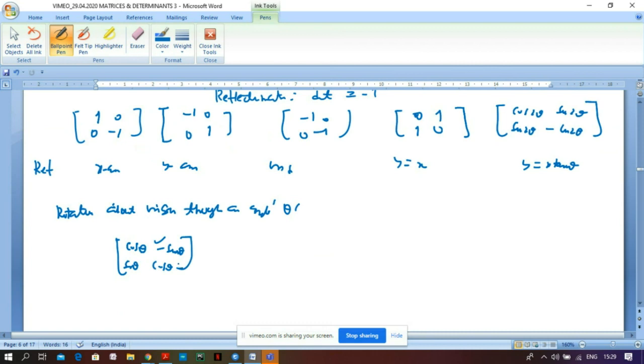If you calculate the determinant of each of them, the value here is -1, here -1, this determinant is -1, this again -1, and this determinant that you are seeing here, for rotation, is +1.